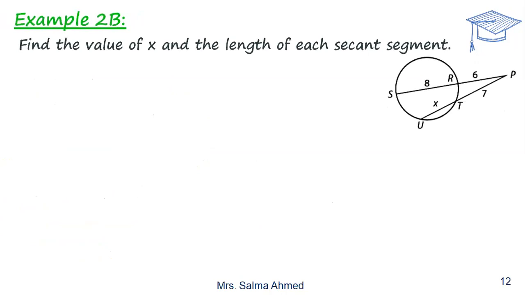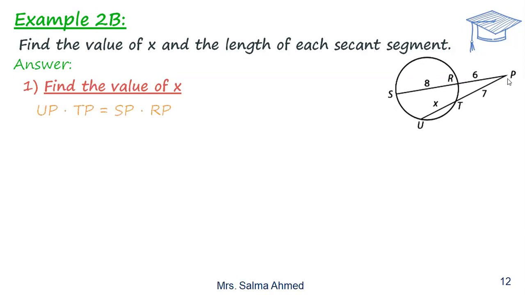Another example, find the value of x and the length of each secant segment. So I'm going to apply the same rule to find x. So SP, which is the whole secant segment, times its external, which is RP, equals UP times TP. So here's the secant-secant product theorem.